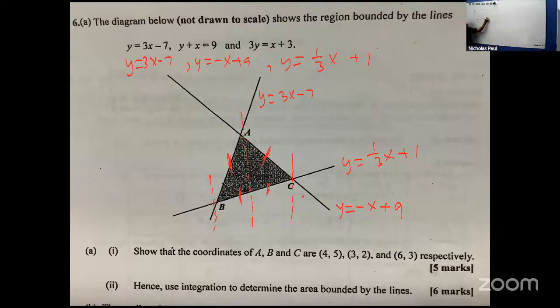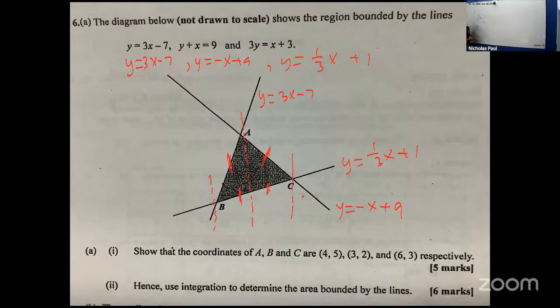We will figure out this point in a little while, and this point, and this point. Can I integrate these two lines together, and then integrate between these two lines to get this?